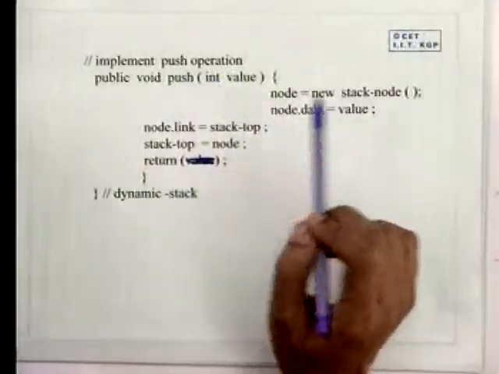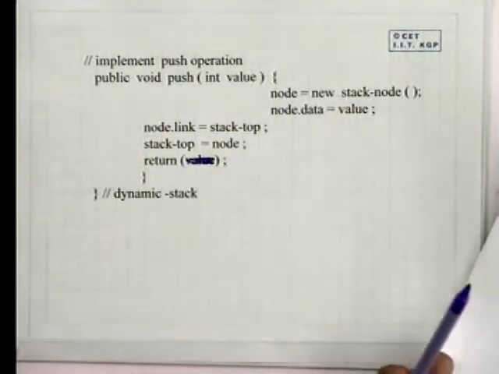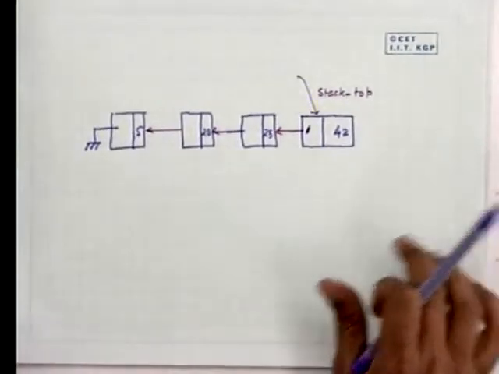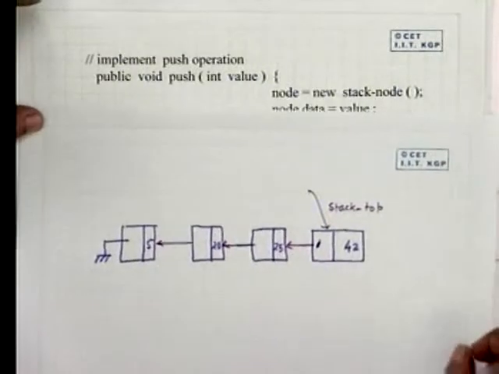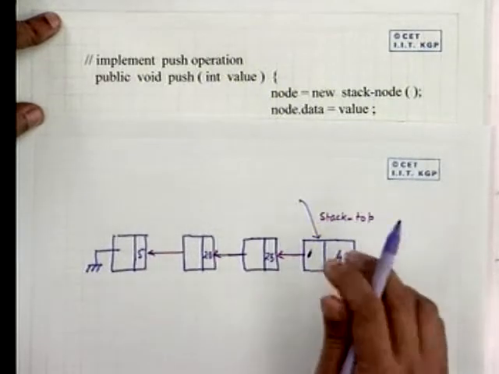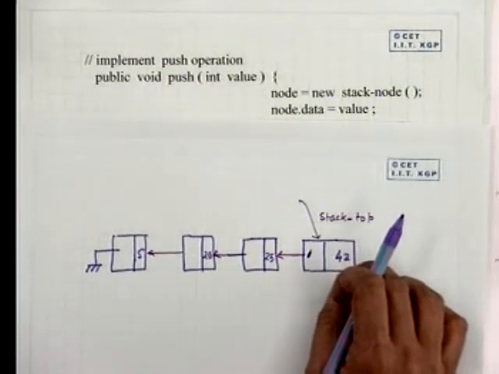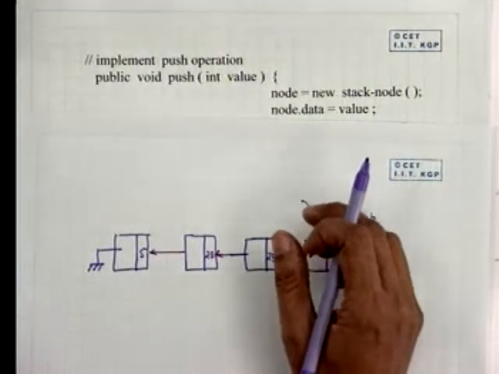This is a typical code for implementation of the push operation, and to illustrate how it works, let's take a very simple example, where we want to push an element into an existing stack. Suppose my stack is currently like this. If you recall, each node is of type stack node, so it has two values: one is the data it wants to store, and the other is a link field, which is again a reference to an element of type stack node.